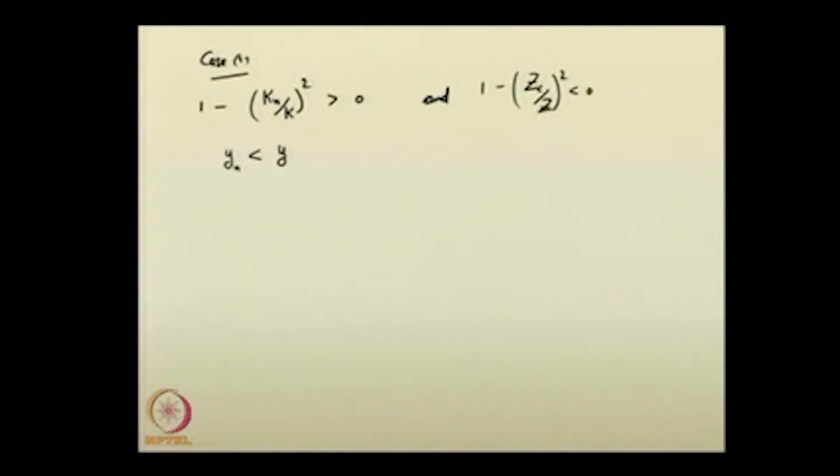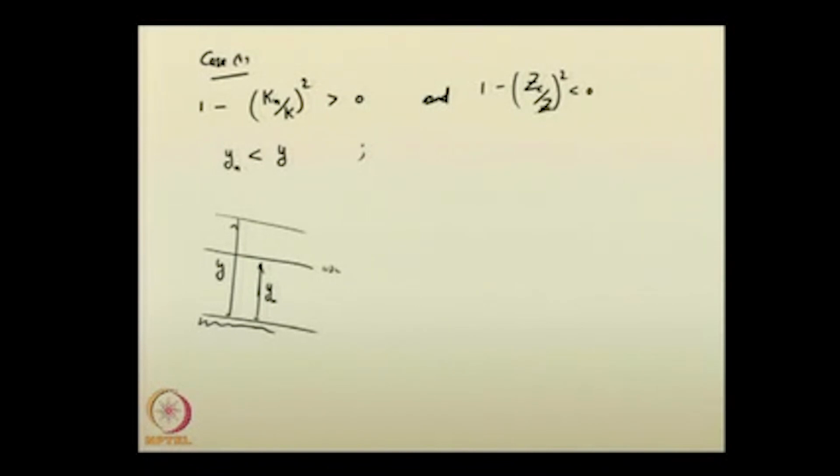Why? Say in the channel, if this is your normal depth line, then your flow may be somewhere here. This y may be greater than y n.